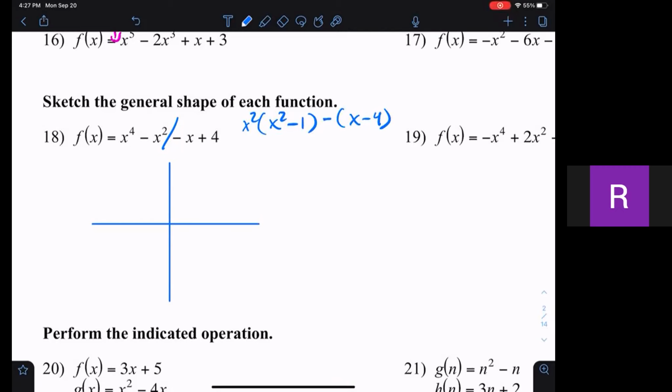The ratio is -1. Oh no, that doesn't work. Let me see. Okay, doesn't matter. So this is x to the 4 and it's positive. So the end behavior should be the same as x squared. So it should be something like this. Okay.